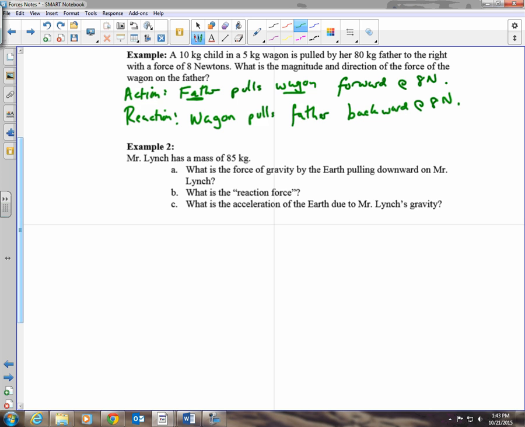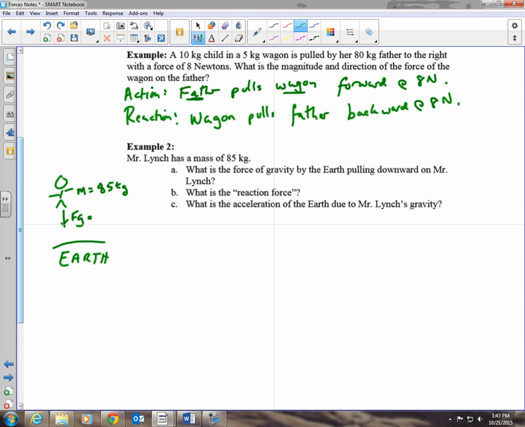Now here's an example that you might not have ever thought of. We're going to talk about the Earth and Mr. Lynch. The force of gravity is the Earth pulling down on Mr. Lynch. So the mass is 85 kilograms, and we have to find the force of gravity.